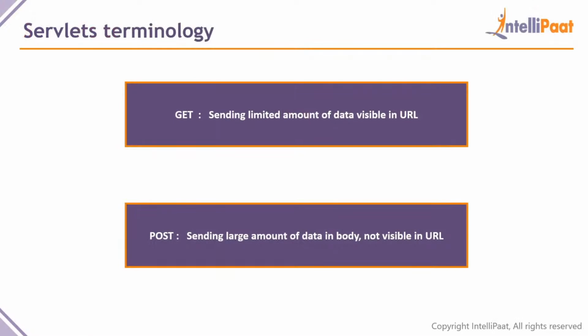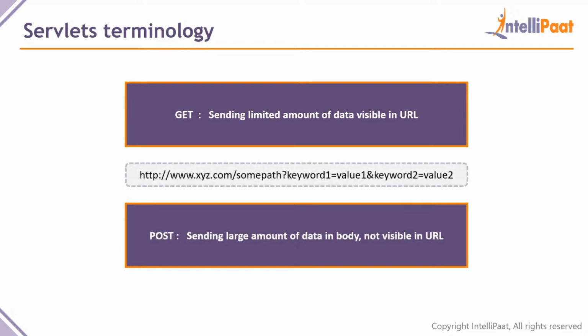Before we actually begin, we need to understand two terminologies as well. The first terminology is get. Get is a method that is present in servlets and in various other web technologies as well, where you're essentially sending limited amounts of data through your URL itself. You might have noticed whenever you search something on Google, you enter some search key term and you search it, it gives you something like this.